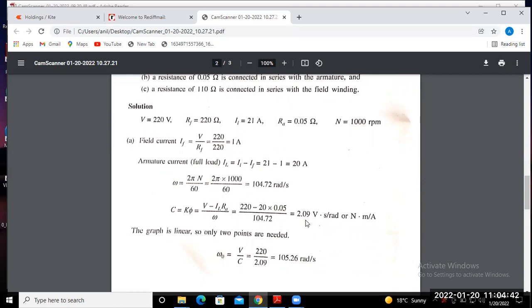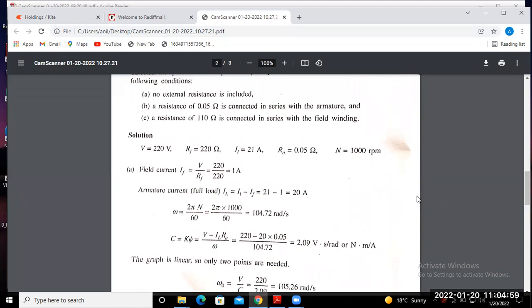That means we need the no load speed omega 0. We have to calculate that speed. Since in the first case no external resistance is given, we consider the rheostatic value to be 0. No external resistance is included in the first case, that means R rheostatic equals 0.